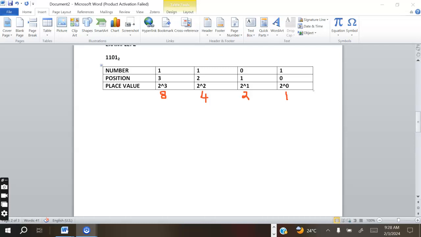Okay, now let's move to the next step. Now, after you get this one, the next step is to multiply with the number.